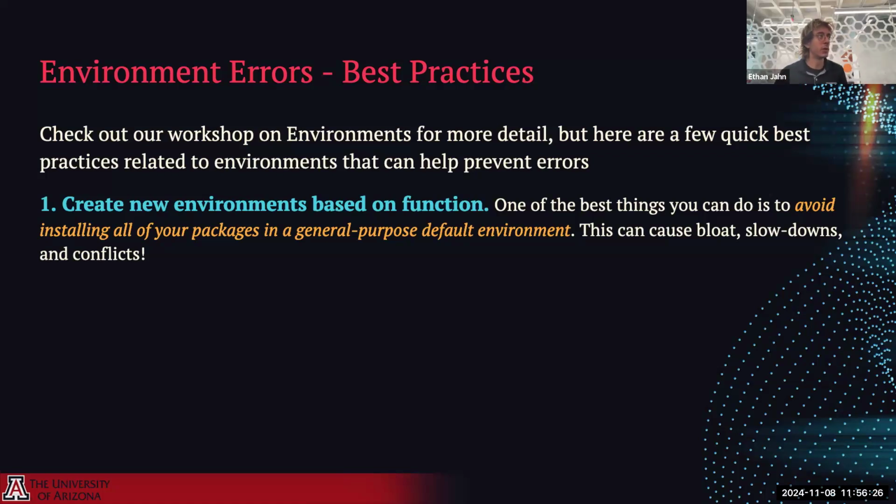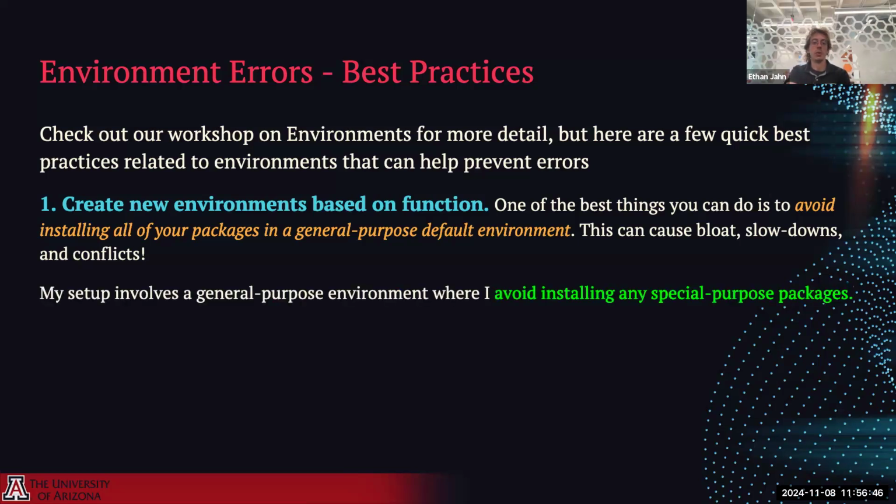I don't want to have a million different environments. But if I install all of my packages for a variety of different purposes in the same environment, the more complex the environment gets, the more likely it is for it to run into errors. So this can cause bloat, slowdowns, and conflicts.